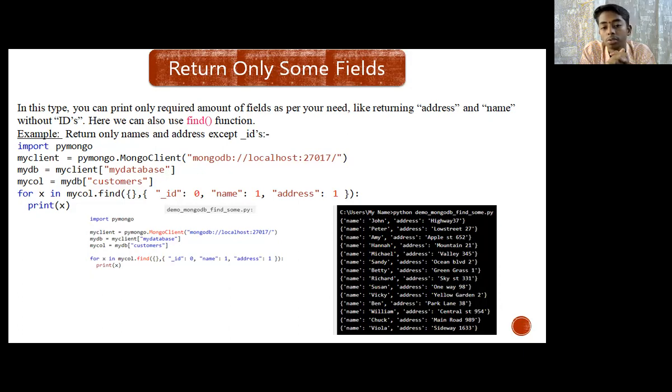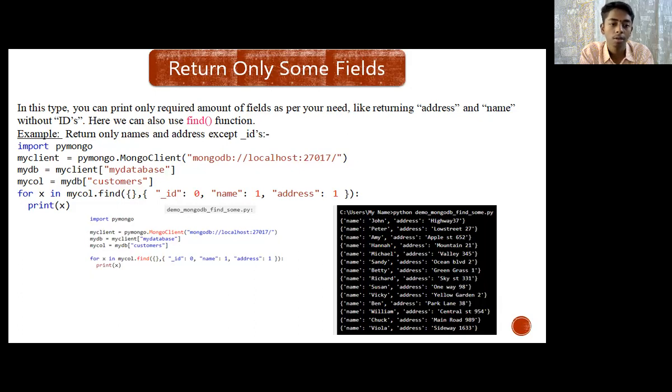Here we can also use the find function, but we have to mention that we don't want IDs. How could we mention that we don't want IDs? We'll see in this example. Import PyMongo, my client, my database, my collection. In that my collection, my database, customers. For X in my collection. Here also we use a for loop.